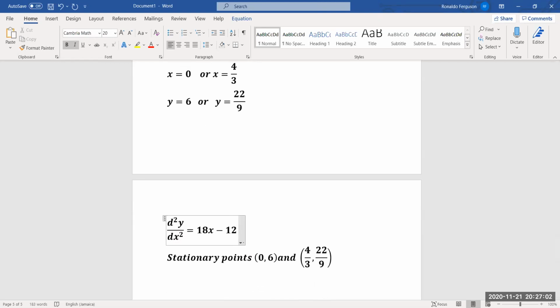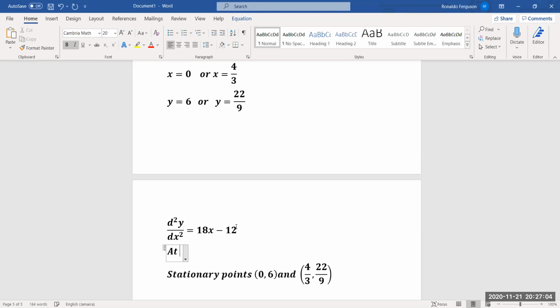At 0, 6, is the second derivative negative or positive?